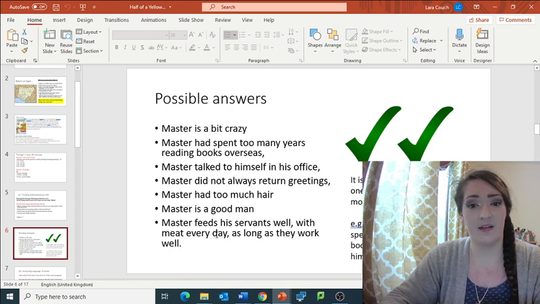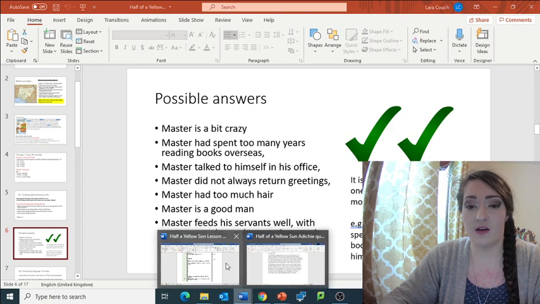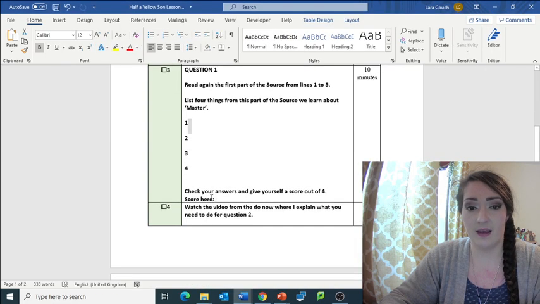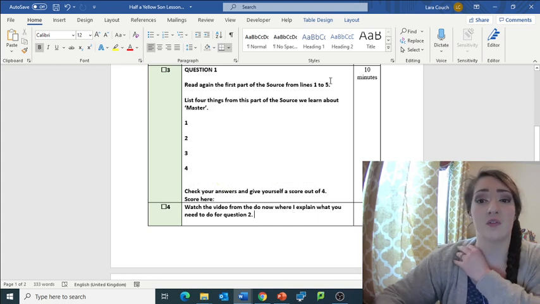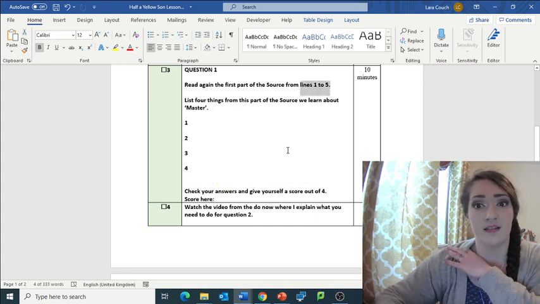Master had too much hair. Master is a good man. Master feeds his servant well, with meat every day, as long as they work well. So those are some things you could have. Give yourself a mark out of 4 here. So that's question 1. It's really easy marks, providing that you do it within the right lines.